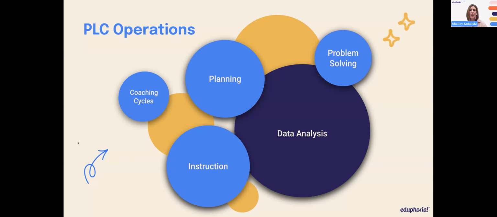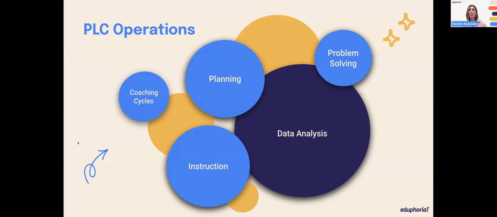As far as coaching cycles, when I'm working with a teacher who may be struggling with classroom management or effective use of student discourse in the classroom, I can implement a coaching cycle with that teacher, and the focus is on the student learning, supported by the PLC process.